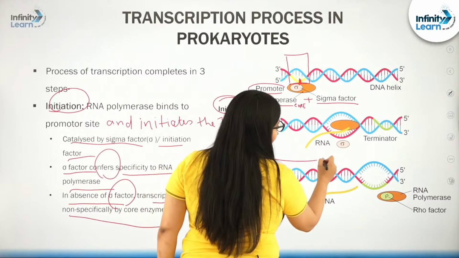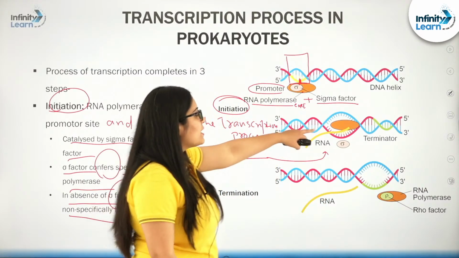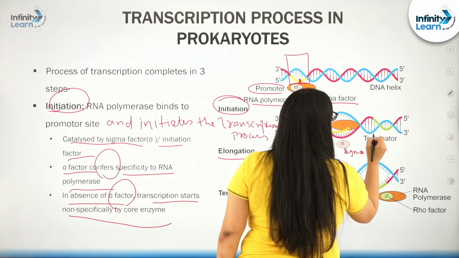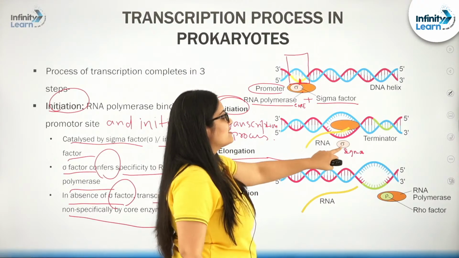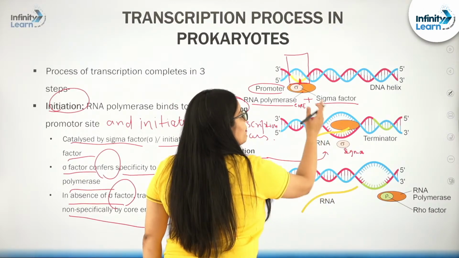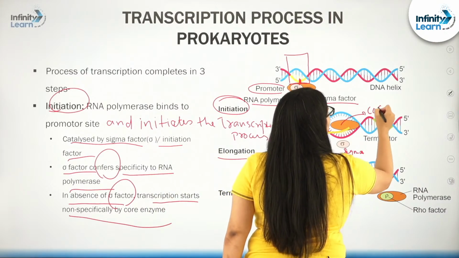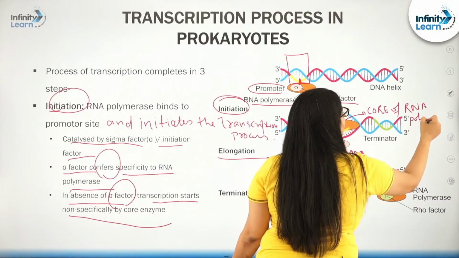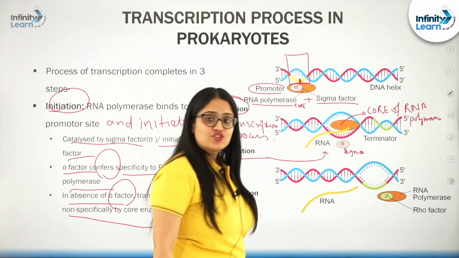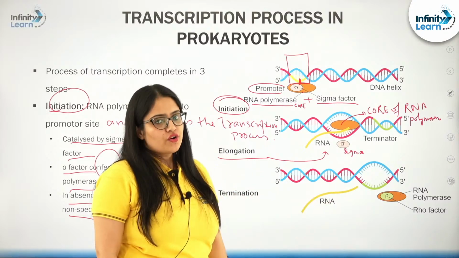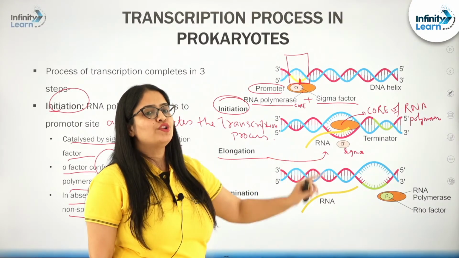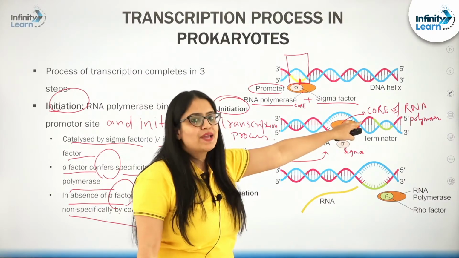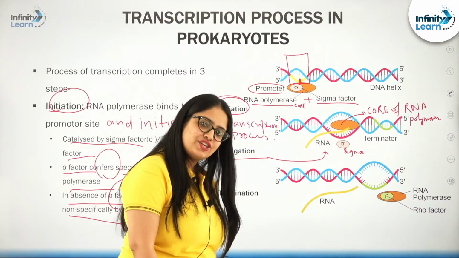If you notice, in the elongation process the sigma factor is actually removed, because the core of the RNA polymerase is capable enough to do the elongation, to do the polymerization of ribonucleotides alone. In the elongation process, there is no requirement of sigma, because the core enzyme of RNA polymerase is itself capable of executing that.